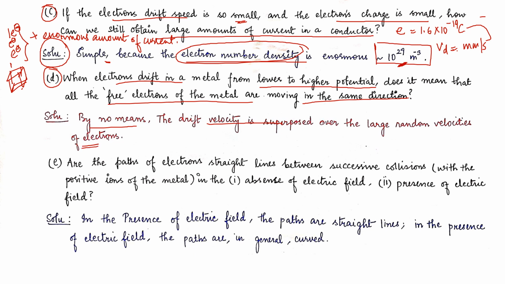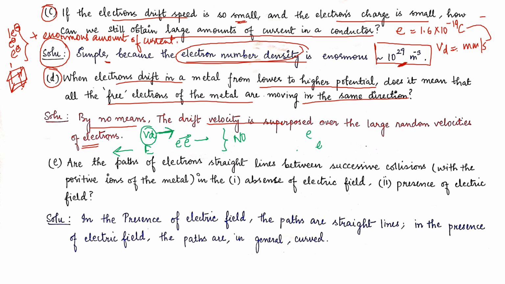In example number 1 we have read that if the drift velocity is in this direction, then E will be in the opposite direction. So does it mean that all electrons are moving in this direction? No, it doesn't happen.